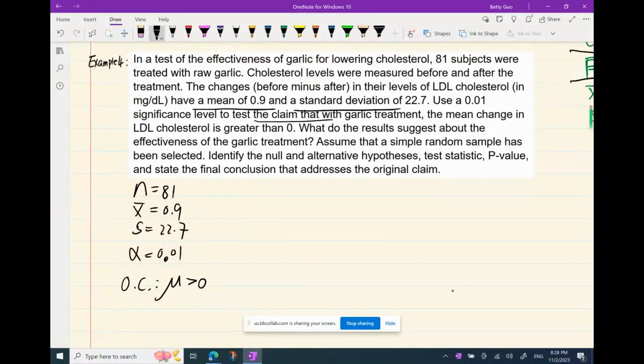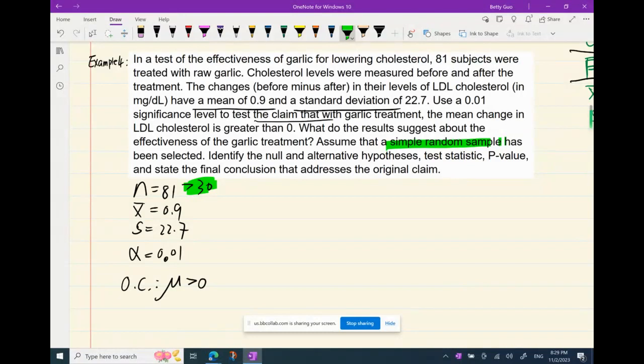Assume that it is a simple random sample. So those are the conditions: simple random sample, and our sample size 81 is bigger than 30, so we're good. Identify the null and alternative, find the test statistic and the p-value, and see the final conclusion about the original claim.